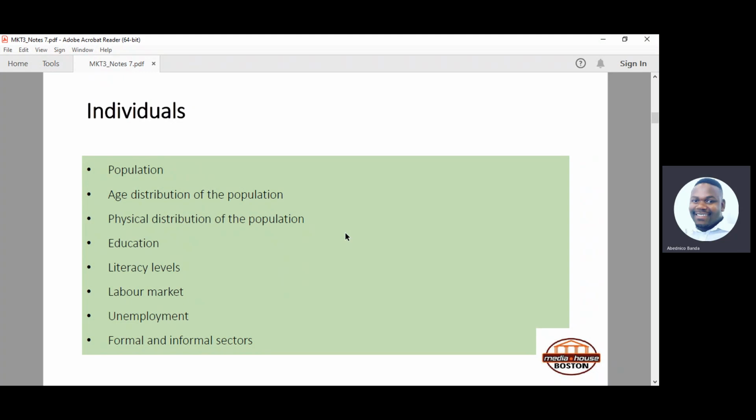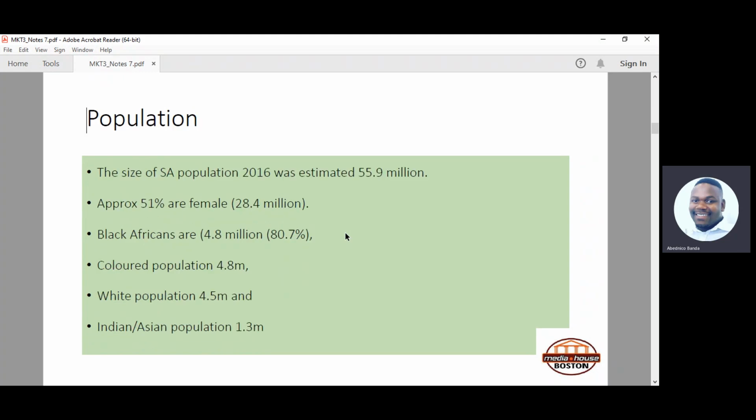The definition of population is the number of people in a given area at a specific time. The size of the population of South Africa in 2016 was estimated to be above 50 million. I'm sure it has increased ever since then. There are approximately more females than males. Black Africans cover almost 48 million.